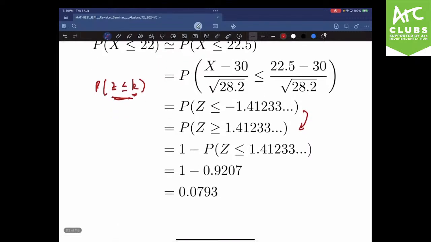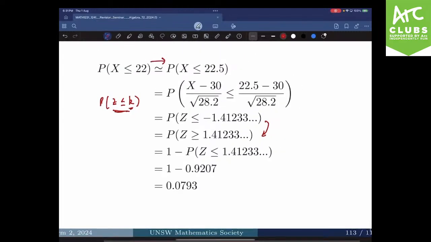Then the probability of z being larger than or equal to 1.41 is equal to 1 minus P of z being less than or equal to 1.41. This is just a complement, which we already discussed before. Then we find the corresponding value in the table, sub it in, and we get our answer here: 0.0793.